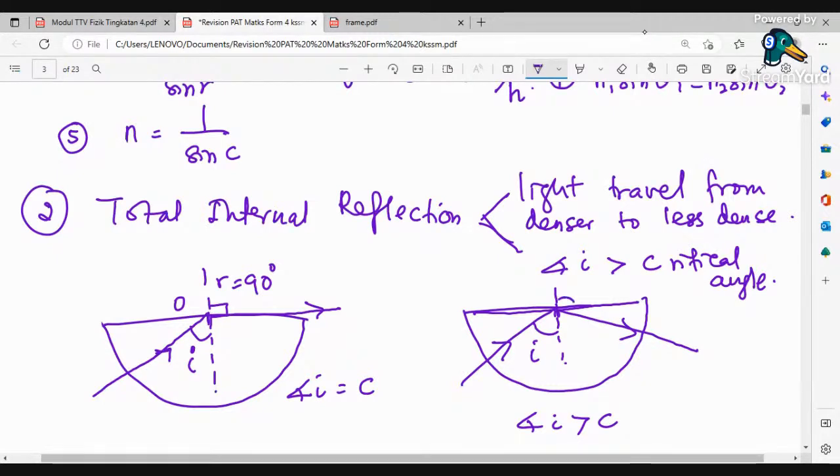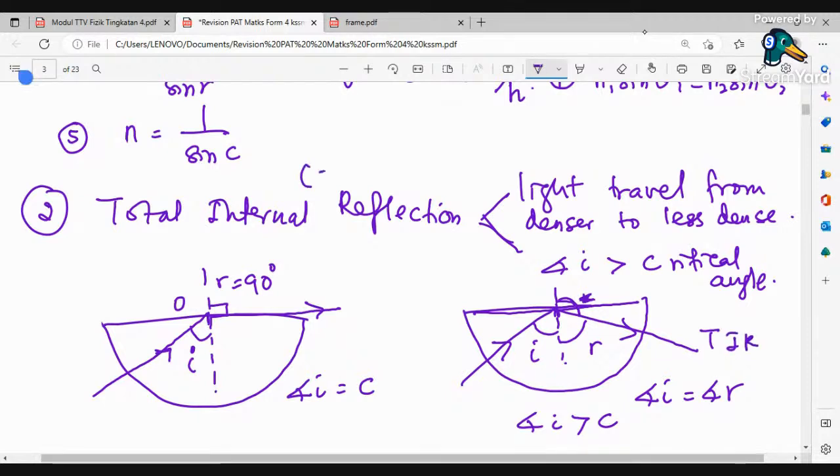If you look at angle R, this is angle R for refraction, but we cannot label this as angle of refraction, because this is no longer refraction, it becomes reflection. So when reflection, angle R will be here, obeying the law of reflection, that is I equals R. So this is total internal reflection.